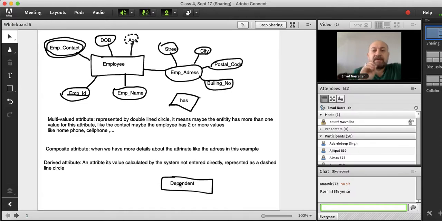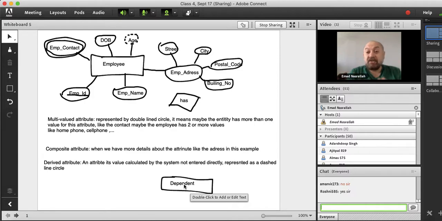All family members the employee has as dependents, so they depend on the employee. The company needs to know about these people because the company is issuing insurance for the employee and his dependents, so they need their data. But if the employee leaves the company, they will not keep any information about his dependents.